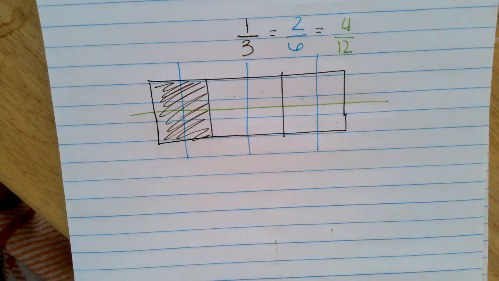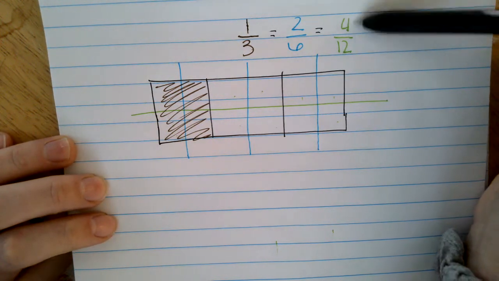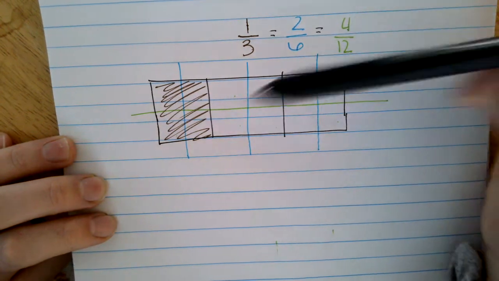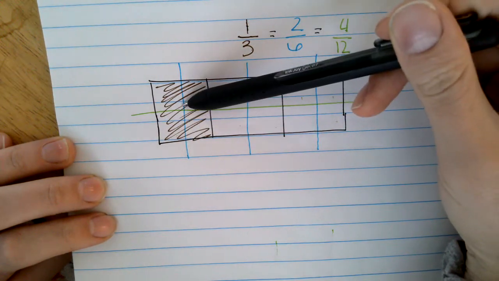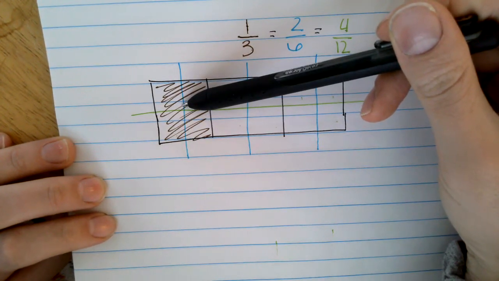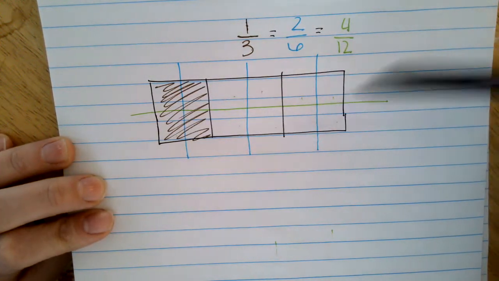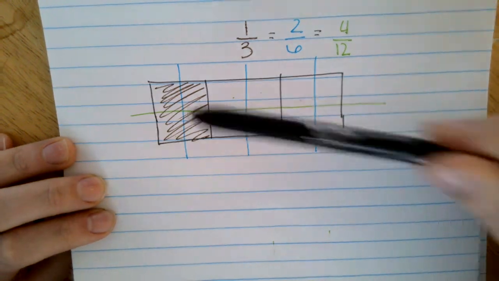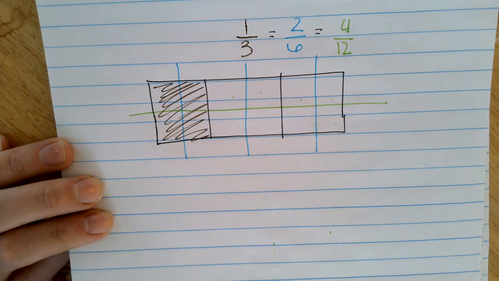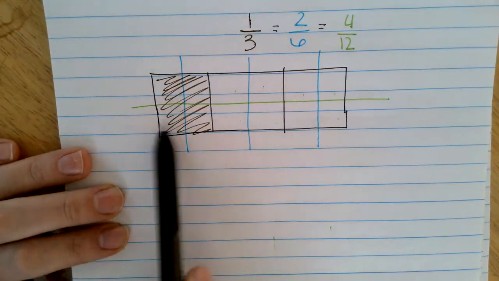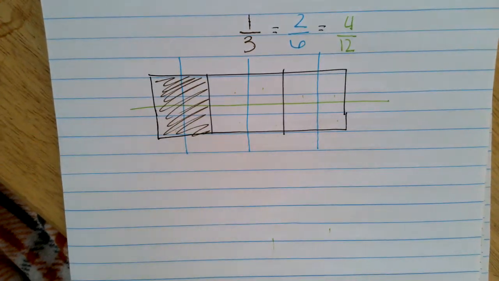So there are more parts in 4/12 that are shaded, right? But the shaded area is the same in each model. Each time I did it, I didn't change the amount that was shaded. It's the same amount, it's just broken up into smaller pieces.